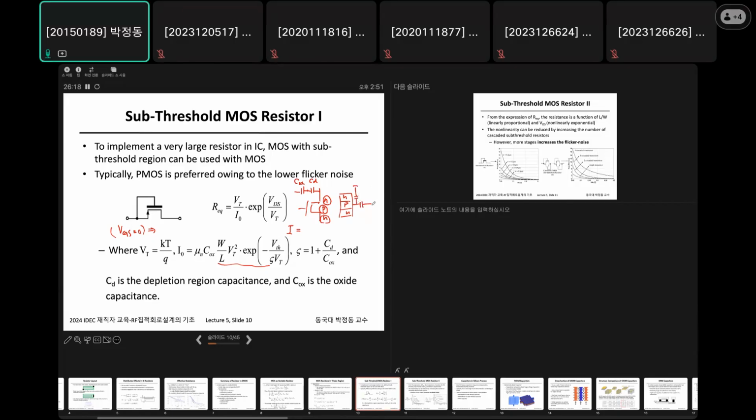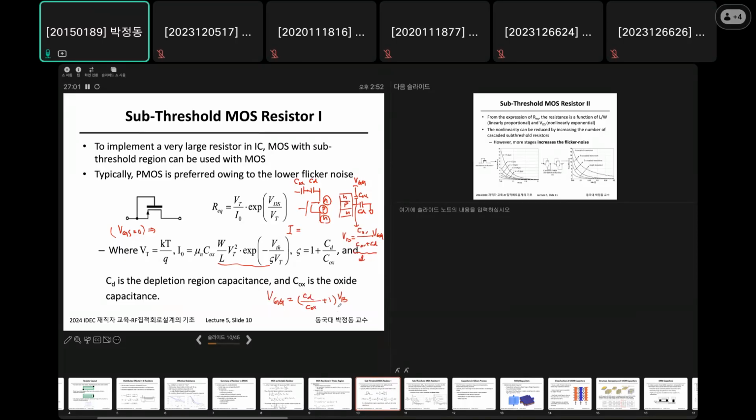Let's say this is VGG, and this is Cox, and this is CD, then this is VB. VB effective is Cox over Cox plus CD times VGG. So here VGG is Cox and CD plus 1 over Cox, times VB.